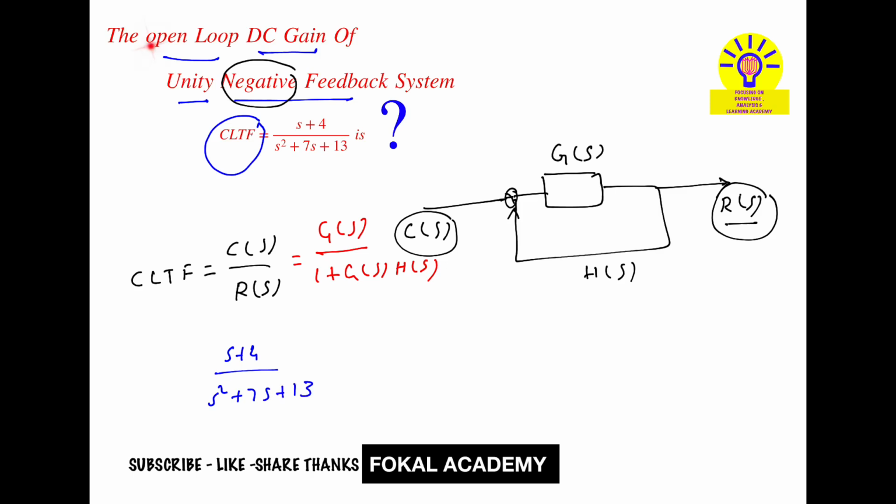Here we want the open loop transfer function. Whenever we get the open loop transfer function, from that we can easily find the open loop DC gain. Open loop means here G(s). So find G(s).